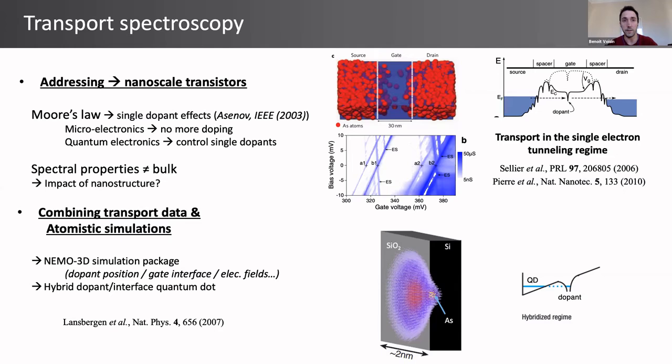That gives this hybridized regime between the dopant and the quantum dot, which has spectral properties quite different from bulk single donors. So it really shows that combining transport data with a modeling or understanding of the spectroscopy using an atomistic simulation framework was very useful to understand what was going on.